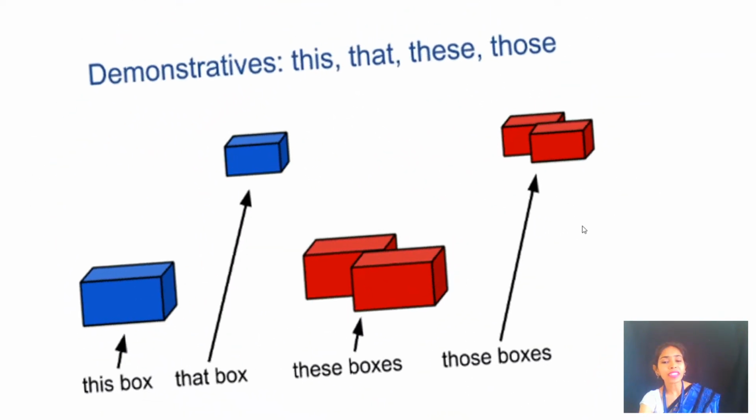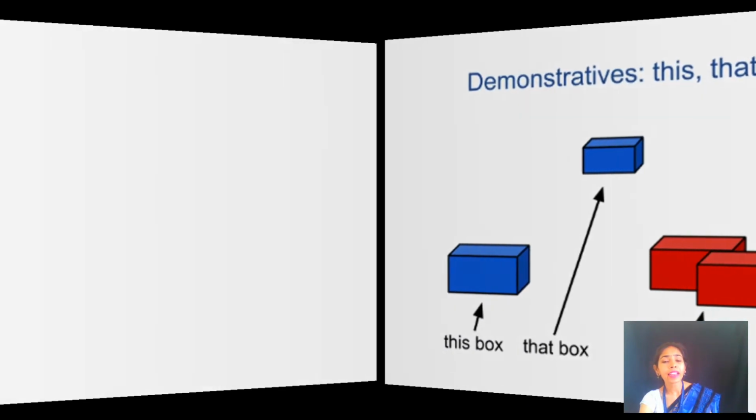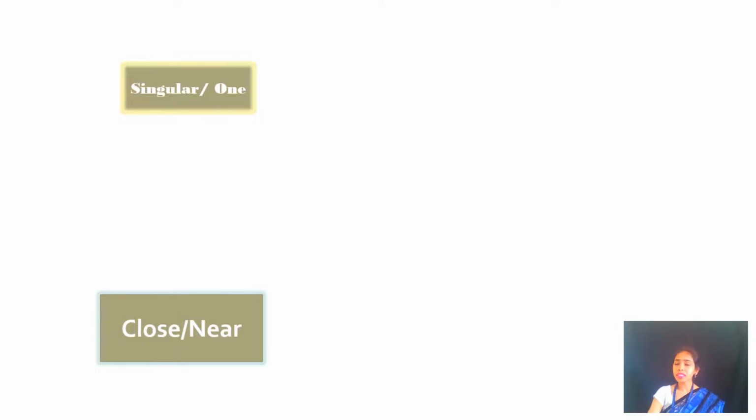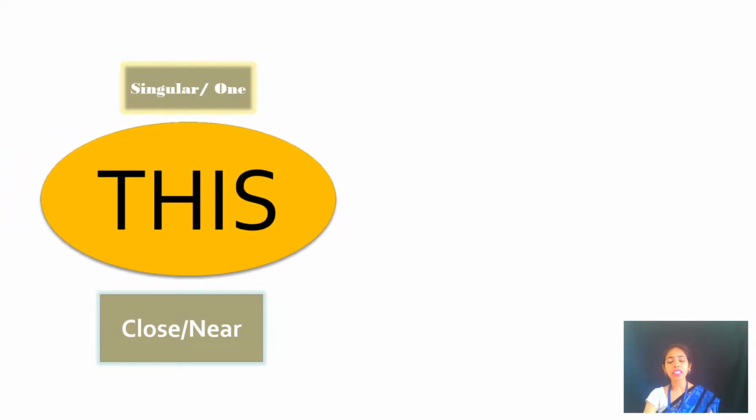So you can see this out, and now once again we will just understand it nicely so that the rule is clear to us, that where to use this, where to use that, where to use these, and where to use those. So here just look at it very carefully.